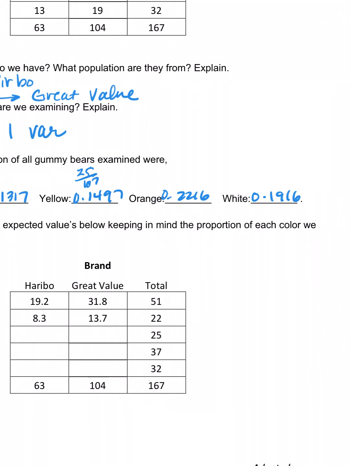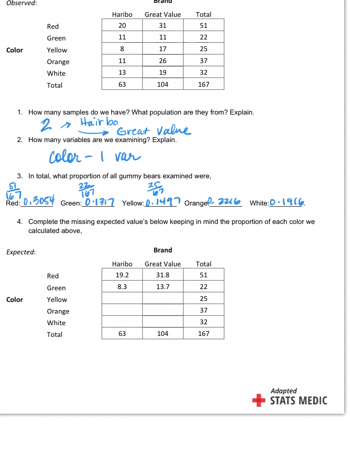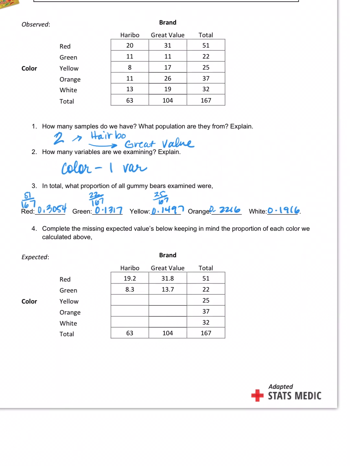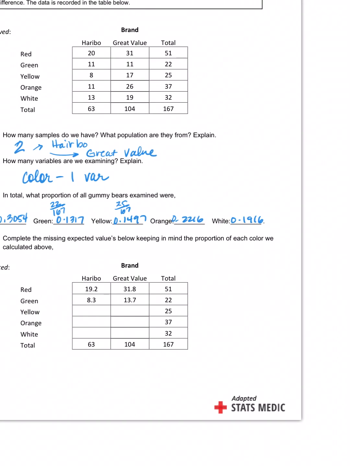Yeah. All right. Now, complete the missing expected values below, keeping in mind the proportion of each calculated above. When we do expected values with 2 populations, 1 variable, here's how it works. To find your expected counts, it's row total times the column total divided by the table total.